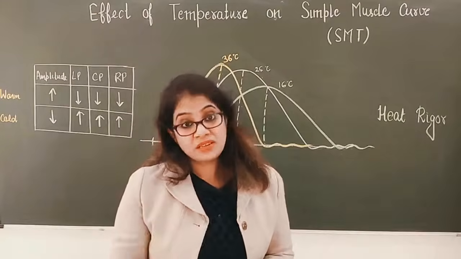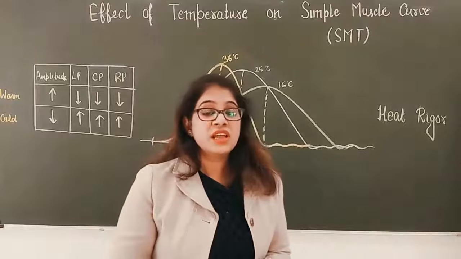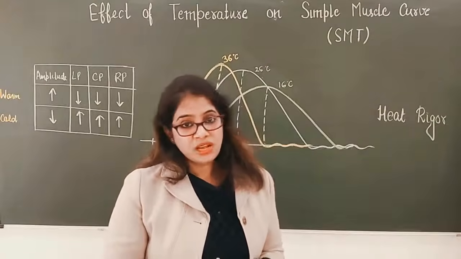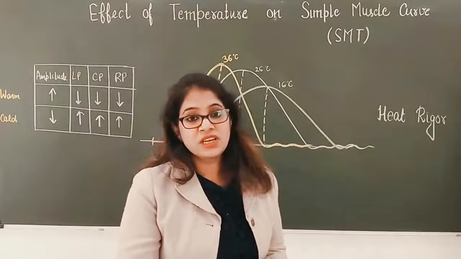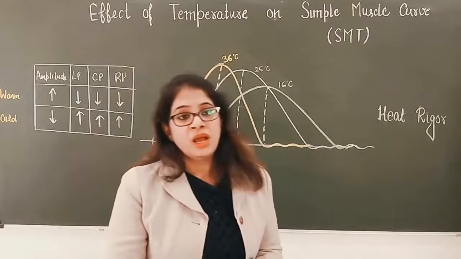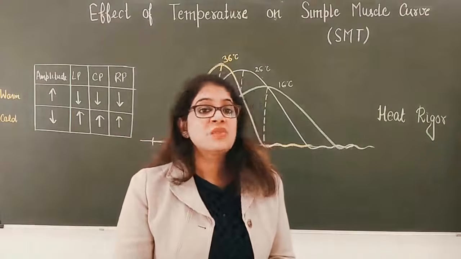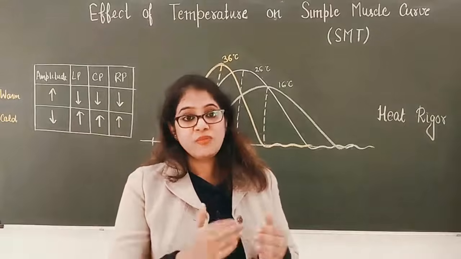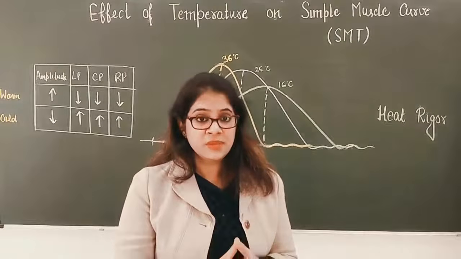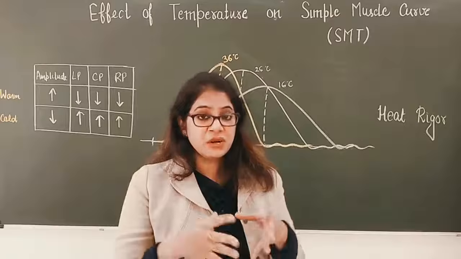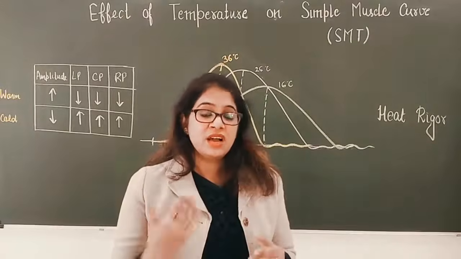The name is very much similar to that, so the examiner may ask you also, what is rigor mortis? Although rigor mortis has nothing to do with heat rigor, the examiner may ask you what rigor mortis is. Rigor mortis is a state of permanent contraction, permanent contraction without relaxation. Why?